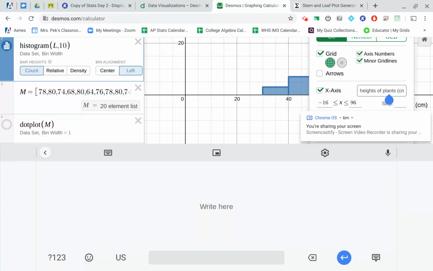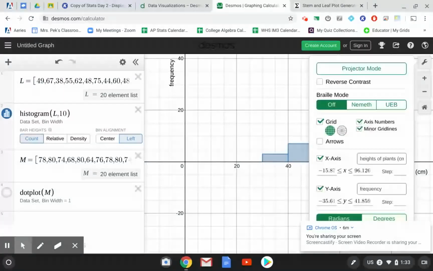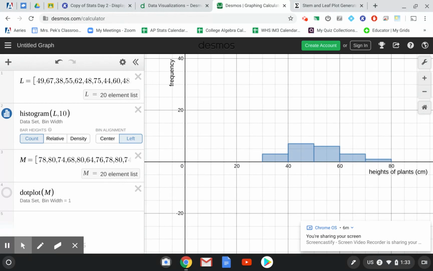I already did it. You can see my titles, heights of plants in centimeters and frequency, so that if you were going to take a screenshot of this and put it in a document, you can title it inside Desmos. So we can use this to help us draw our graph.